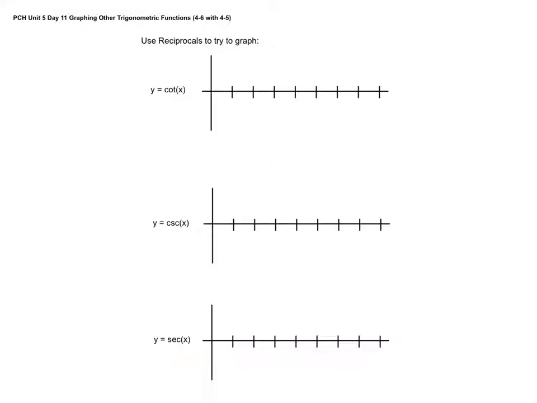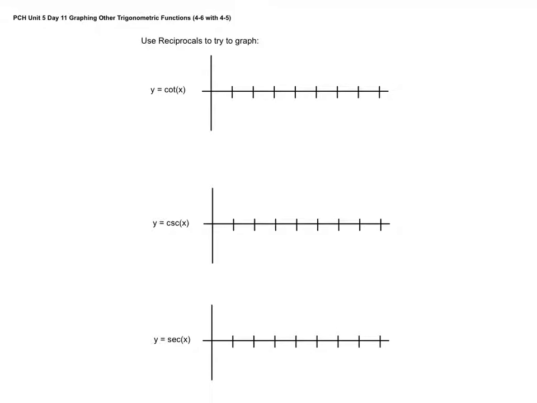Now, I've given you places where you can graph these other ones, okay? We're not going to go through all of these just for the sake of time, but one thing that you would see is that if you were to graph cotangent, it actually looks the same, except shifted over.